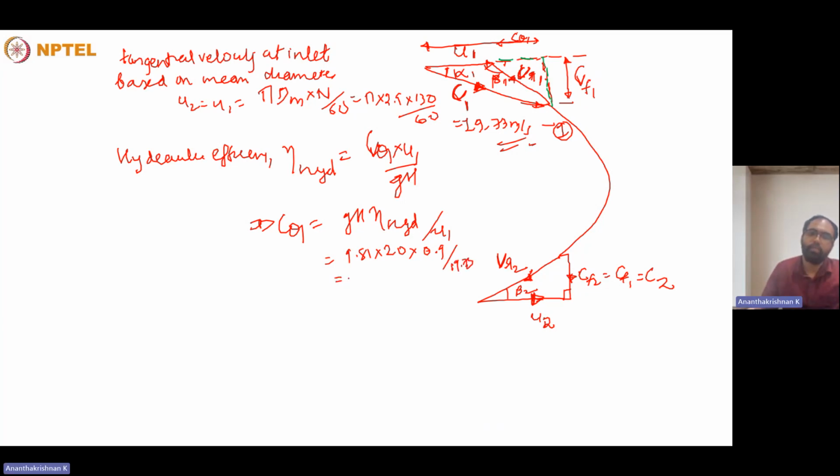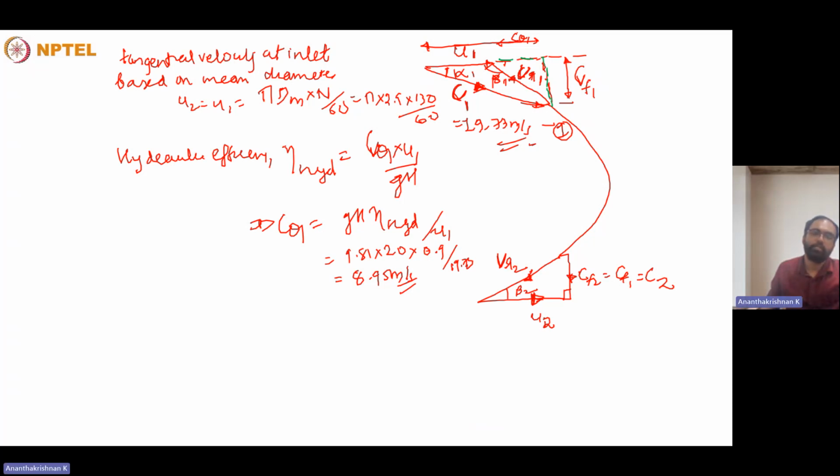So we'll get the value of C theta 1 to be equal to 1.95 meter per second. So we have all three parameters, U1, C theta 1, and CF1.